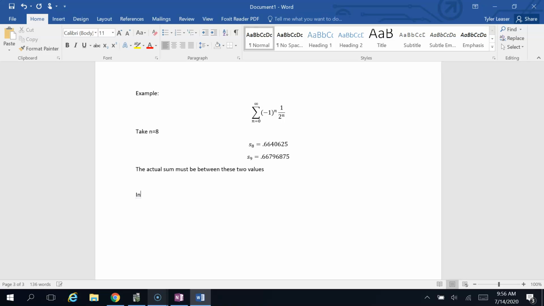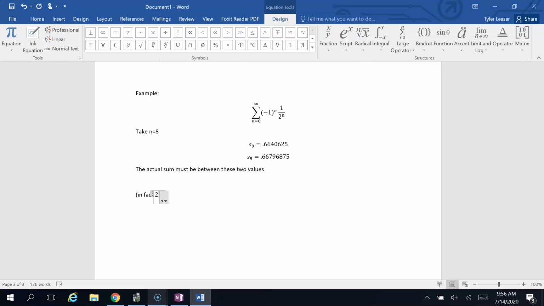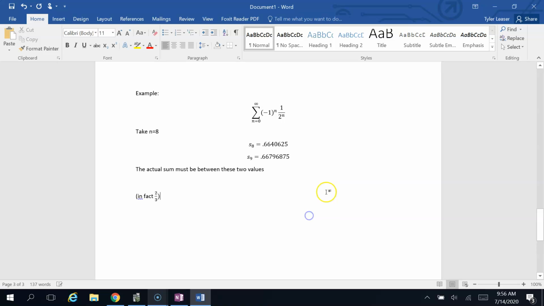In fact, so this is to the side, there's no way of showing you this without doing some higher level math stuff, but the sum does come out to be 2/3, so 0.666 whatever. Okay, but that is what the alternating series estimation theorem allows us to do, it allows us to approximate the actual sum by just looking at the partial sum. Great.